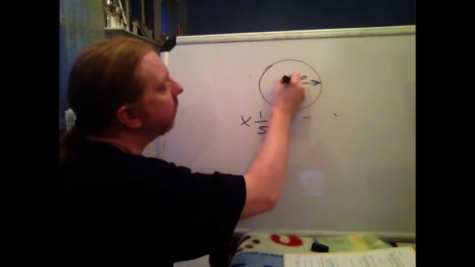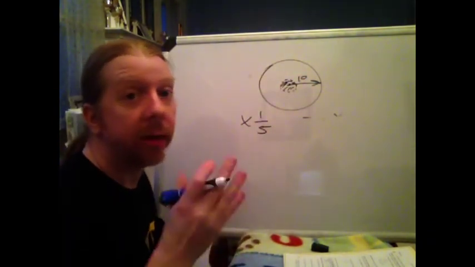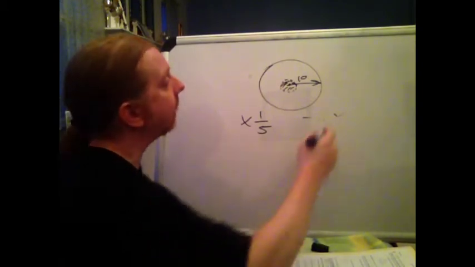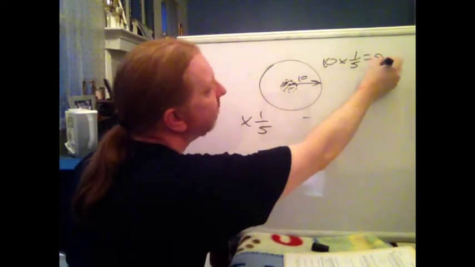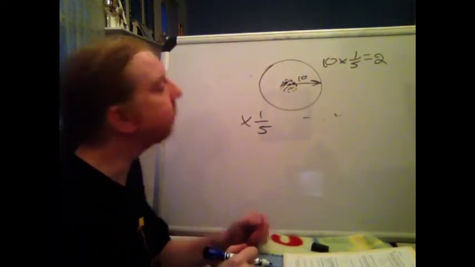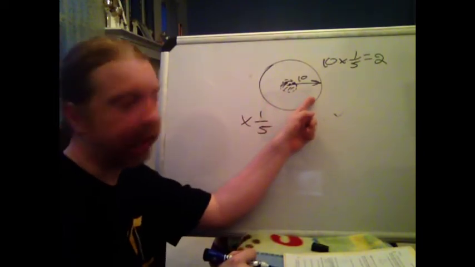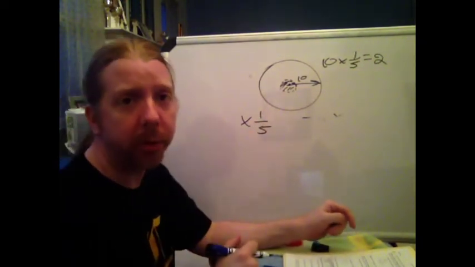So my new circle would be right there. Now, since the original radius was given as 10, multiplying that by 1/5 is effectively dropping my radius to 2. One method I could use is to calculate the area using 10, calculate the area using 2, and then see what the factor between them is.